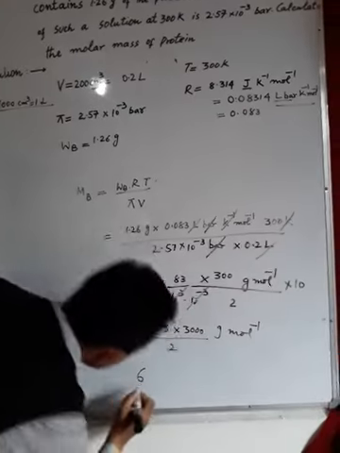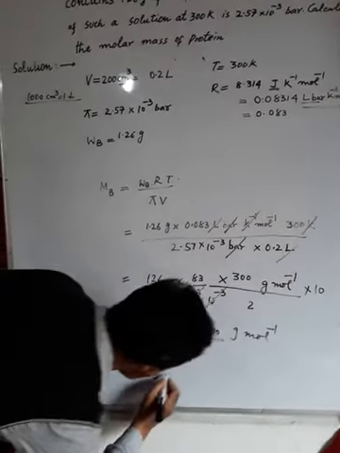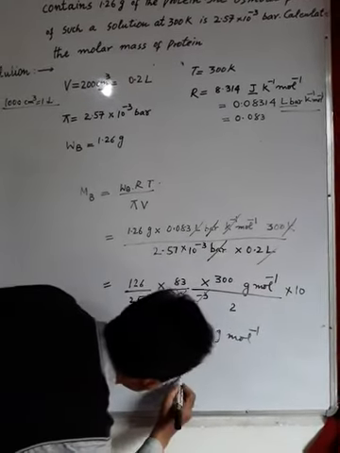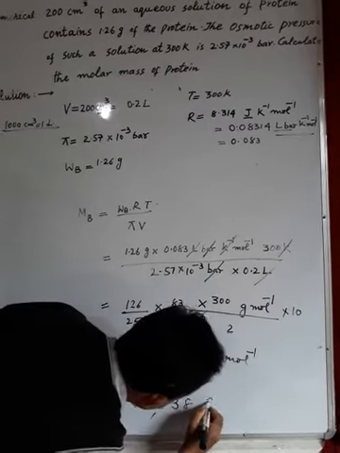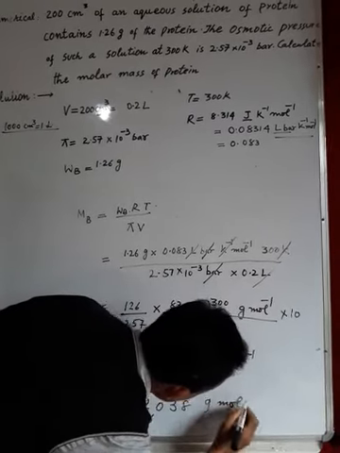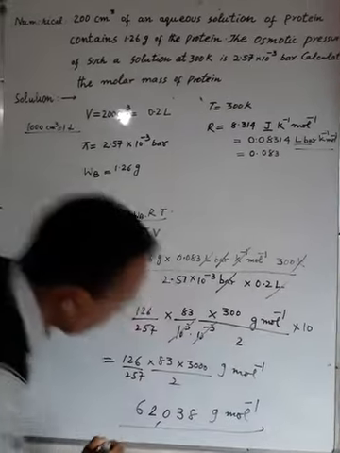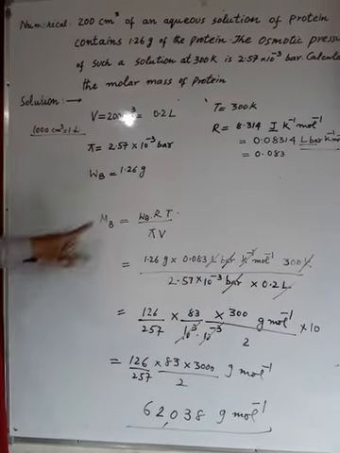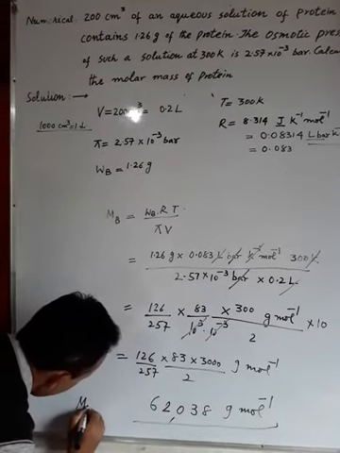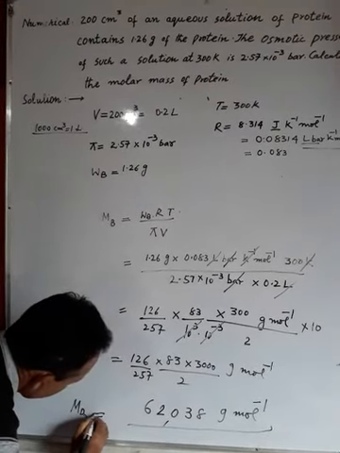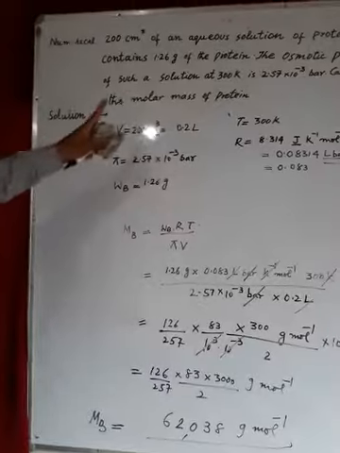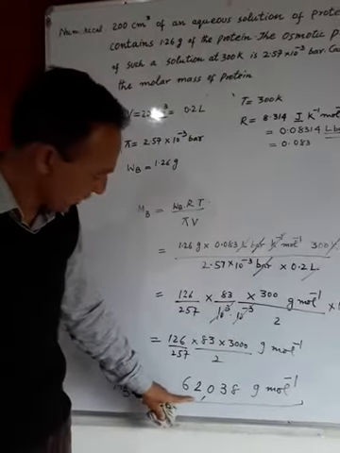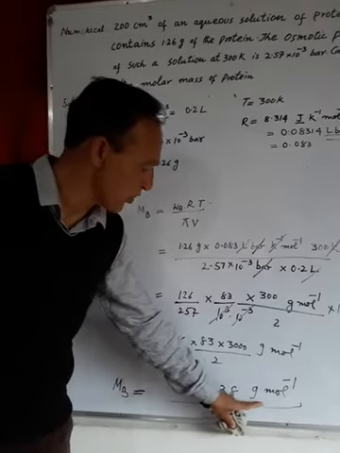Its value comes equal to 62,038 grams per mole. This is the value of the molar mass of the non-volatile solute, which is the protein. The molar mass of the protein is 62,038 grams per mole.